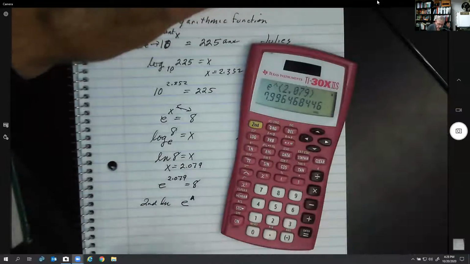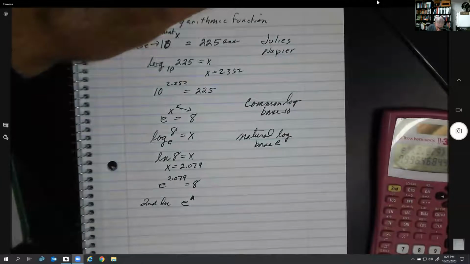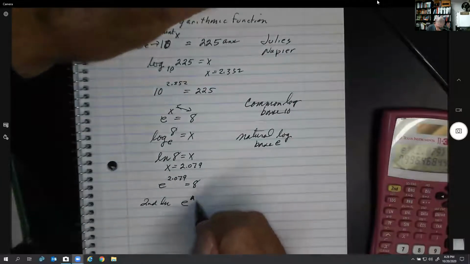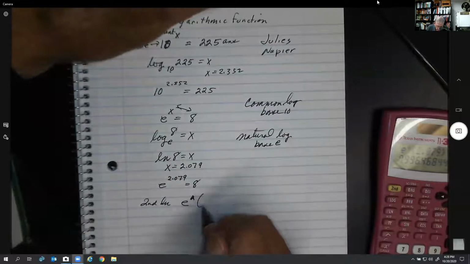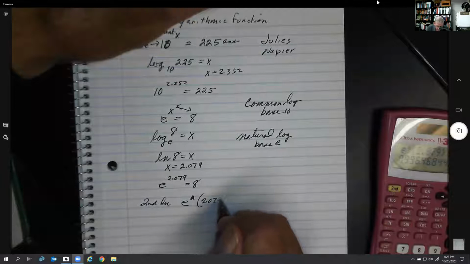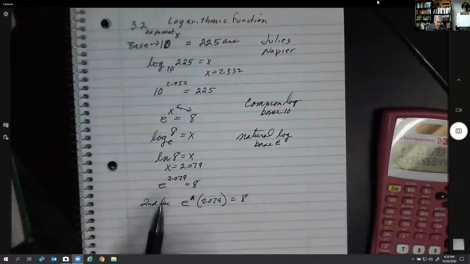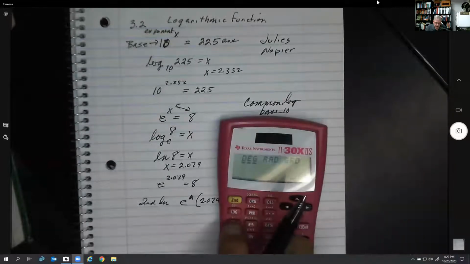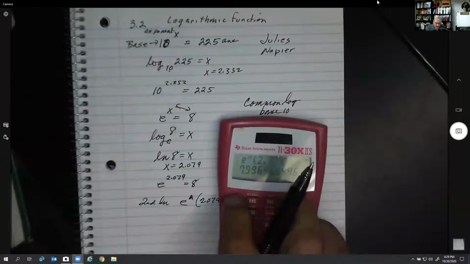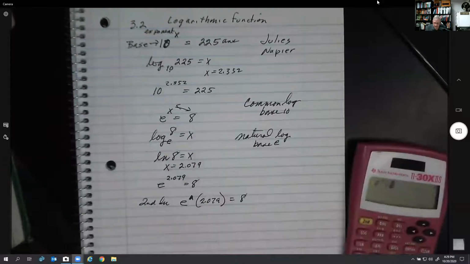And we get 7.9996. So that looks like it would be. So that's how we get e. We hit second LN, and then we raise it to whatever power we want and finish off the parentheses. So to find e on your calculator, you have to hit second LN, and that'll give you your e.